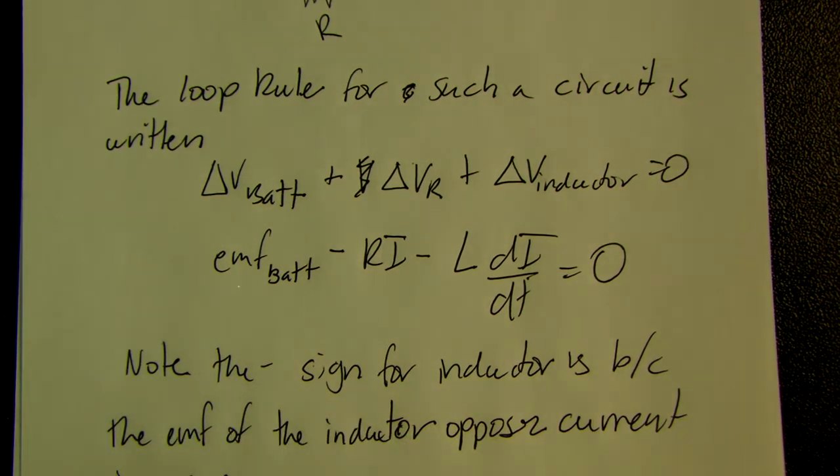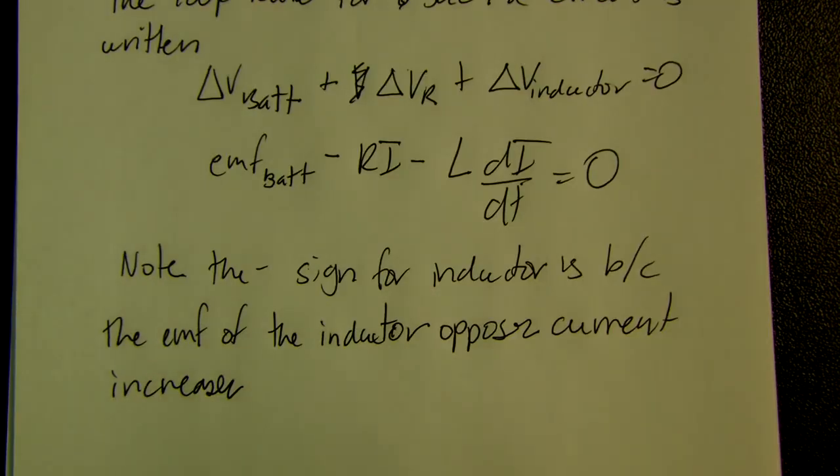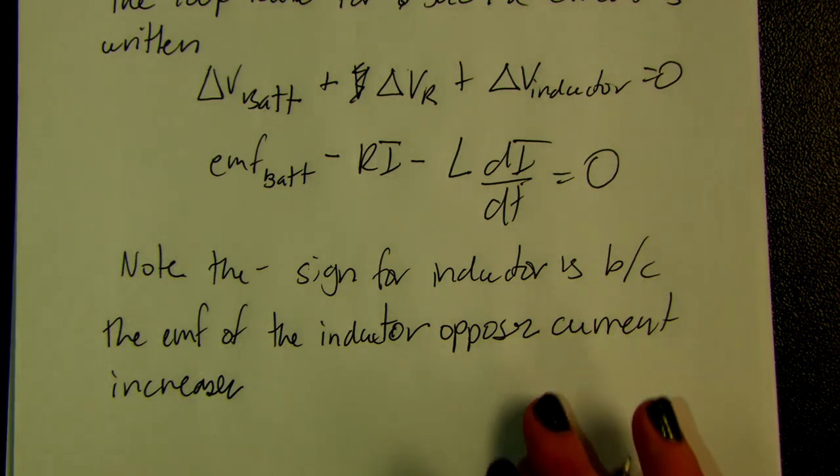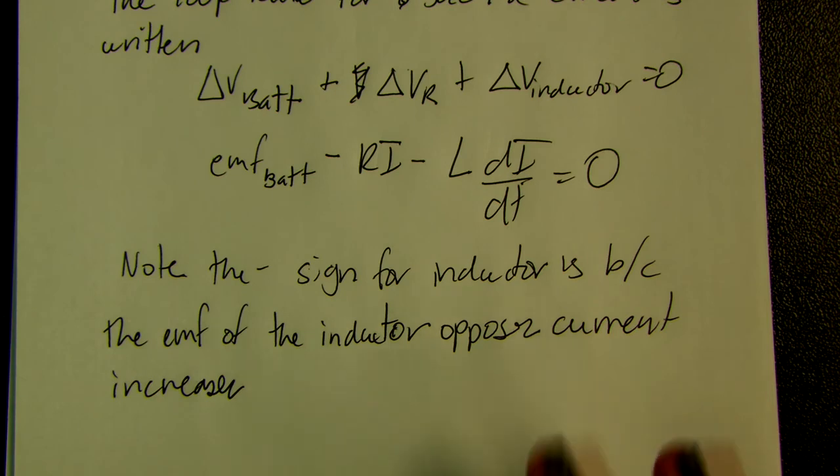So remember, I said inductors are sluggish. We're going to really take a nice deep dive look at that type of behavior by looking at different circuits with inductors in them. So it's going to fight the current until it can't.